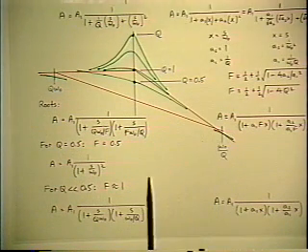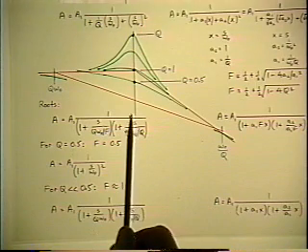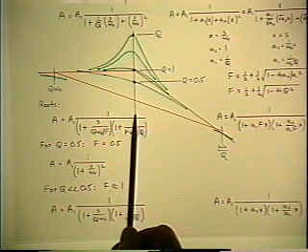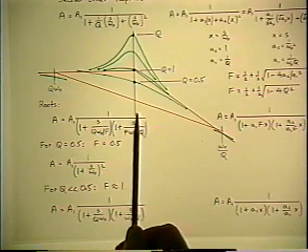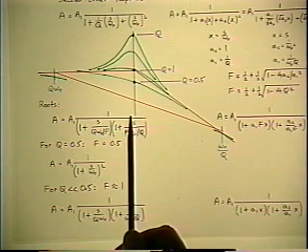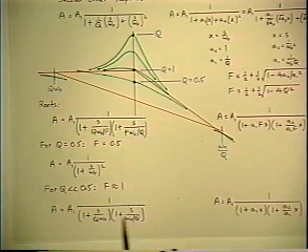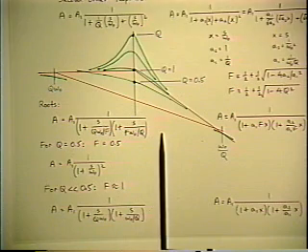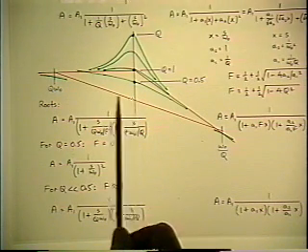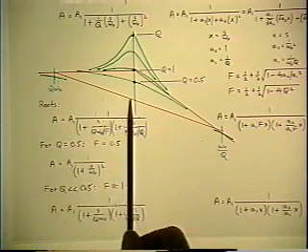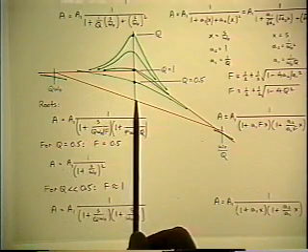Now remember, F is close to 1 as long as Q is a long way below 0.5, but a long way doesn't really mean very far. Remember from the little graph of F, if Q is even 0.3, F is 0.9, so you're pretty close. You've only got a 10% error even so.